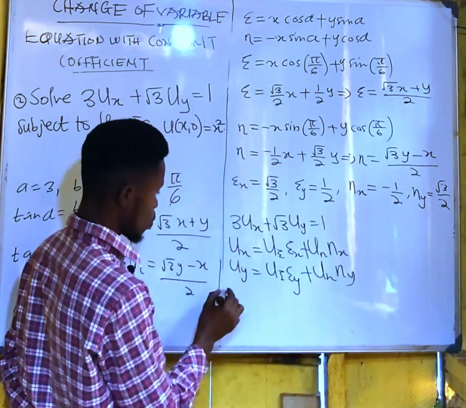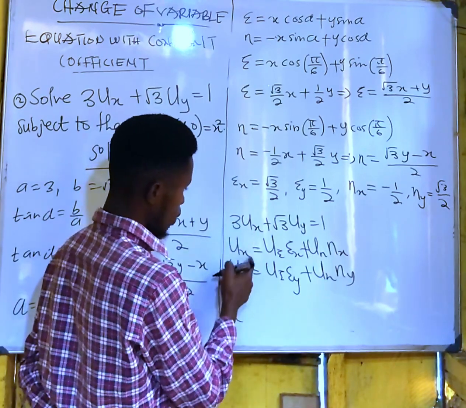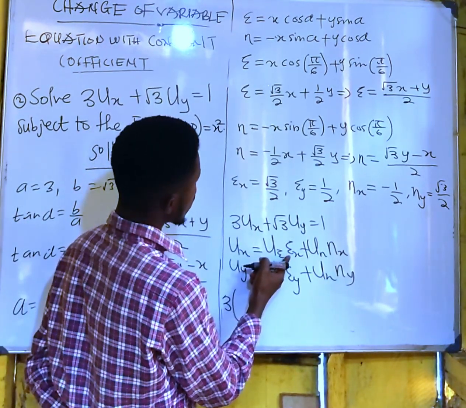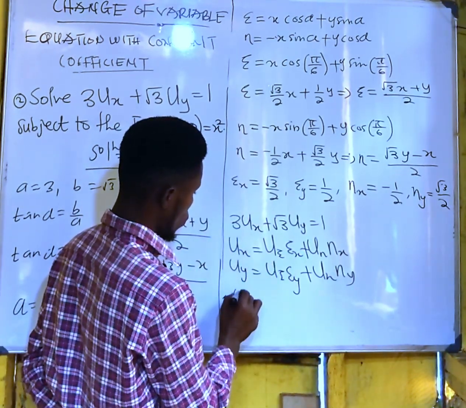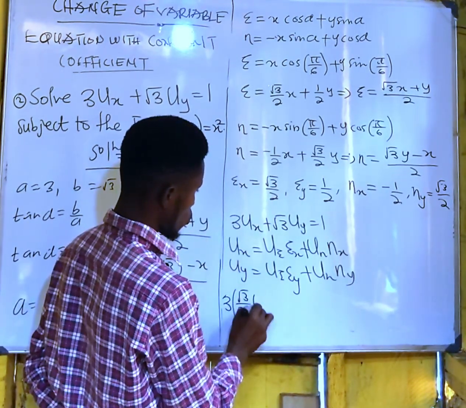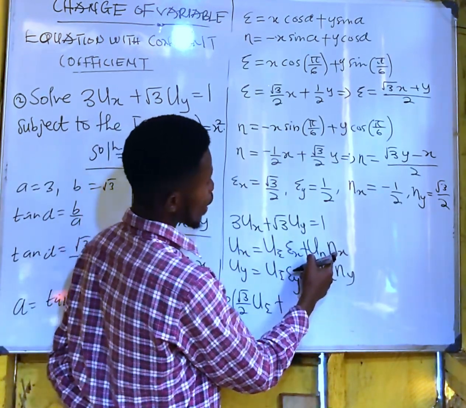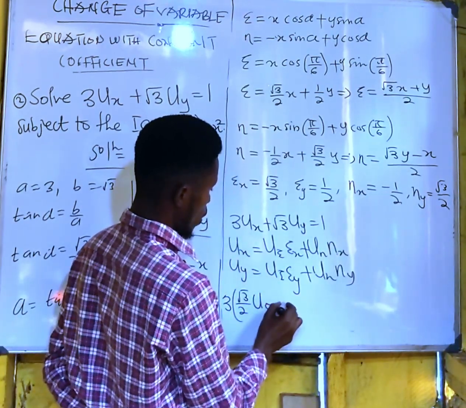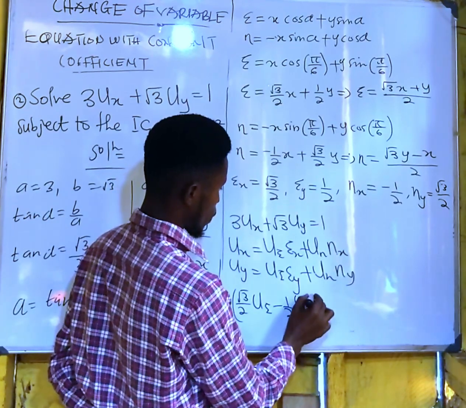Means that I'm going to put it straight. So 3 bracket open, ux. This is my ux. But remember xi x is what? Xi subscript x is root 3 over 2. Root 3 over 2 times this will give you root 3 over 2 u xi. Plus eta x, this one is negative half. So here will be negative 1 over 2 u eta.